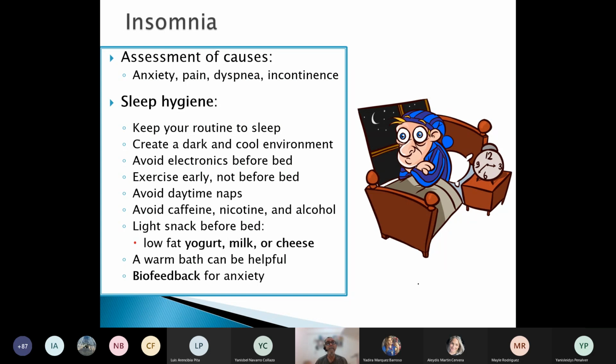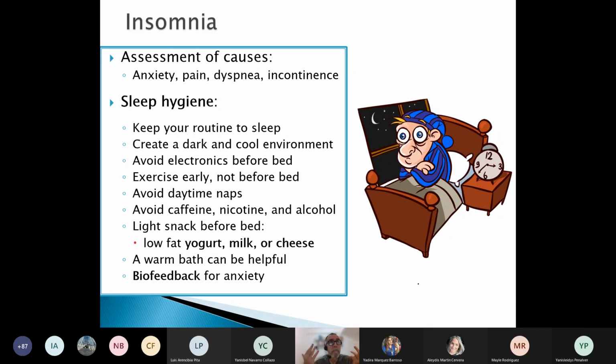Second, having supper, having dinner early, but consuming a small, light snack before going to bed is good. And this snack should contain milk or dairy, because the tryptophan and calcium favor falling asleep.